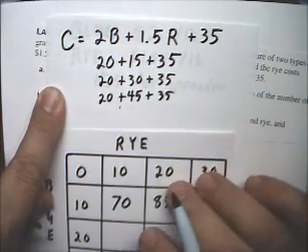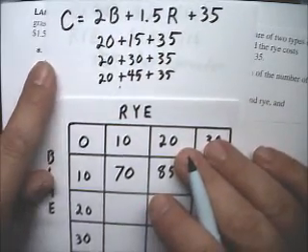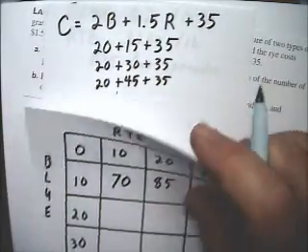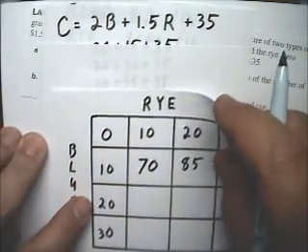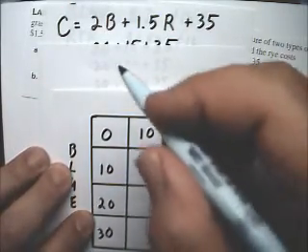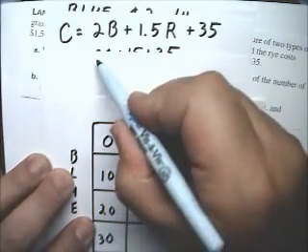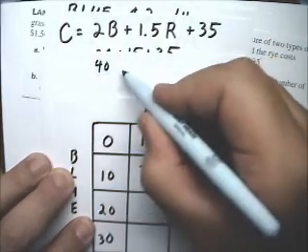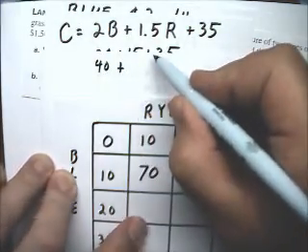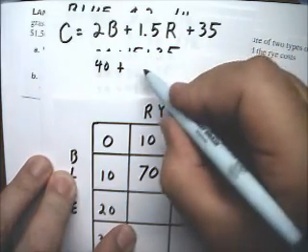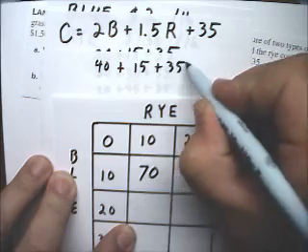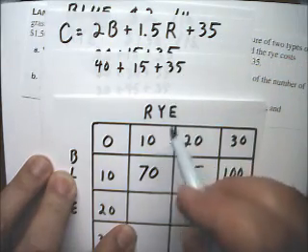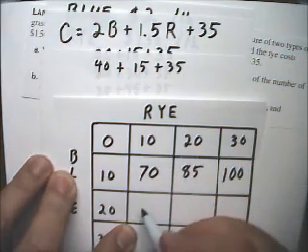Okay? And I can keep doing this. Now if the bluegrass is 20, that's going to mean this is going to be 40 plus, and if this is 1.5, that's going to be 15 plus 35. So that's 90.